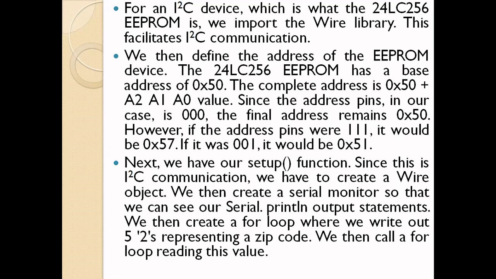Like that, addresses will be assigned. So if I want to store the data at address 1500, then automatically you have to select the address 57. Suppose I want to store the data at memory location 100, then you have to select the first memory, so the address is 50. Like that, the address will change.